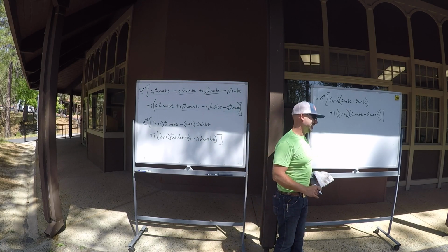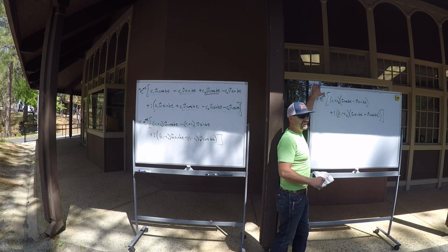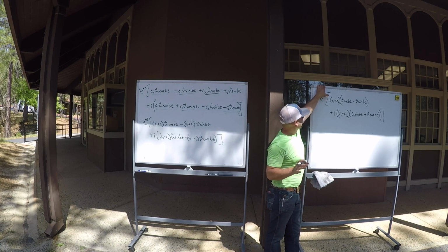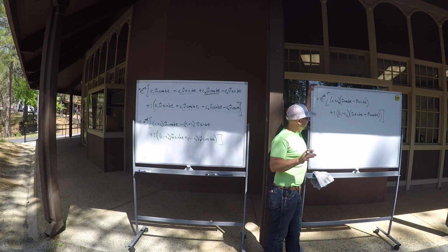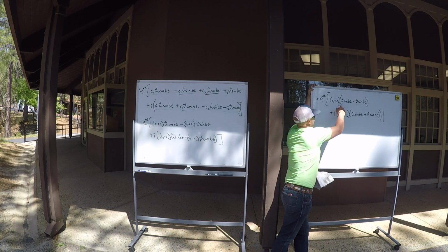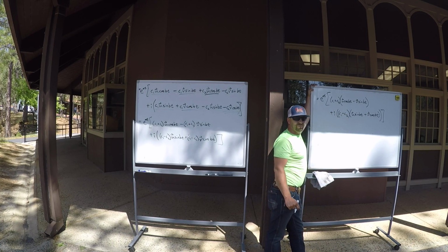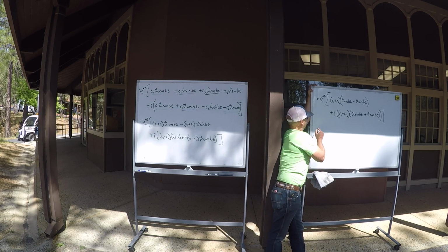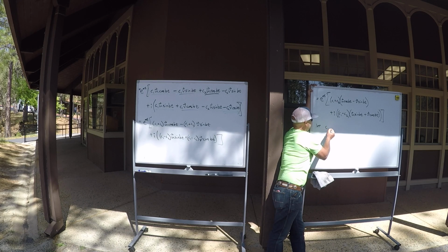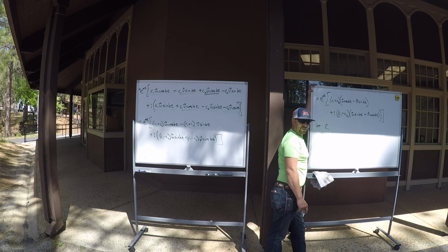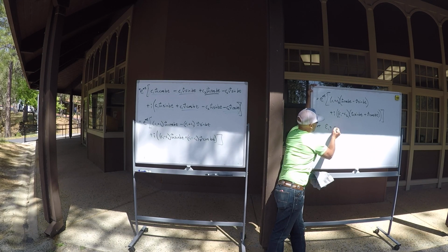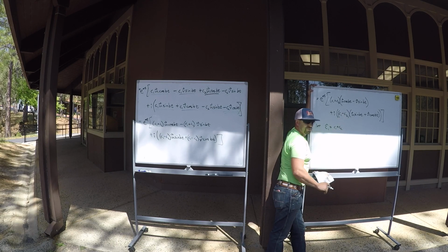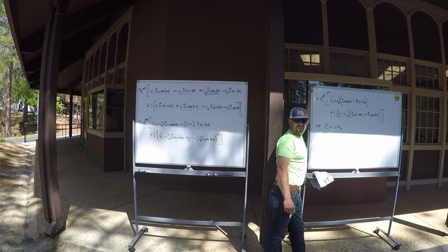Okay, so now here's the kind of wild thing. These are arbitrary constants, right? So I'm going to make new arbitrary constants. I'm going to let my new c1 be c1 plus c2. Does that make sense?